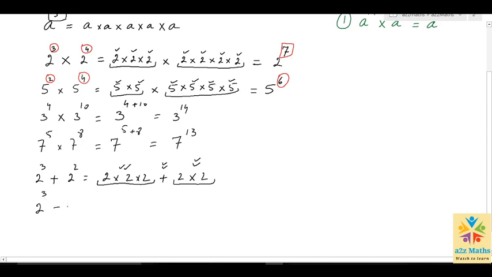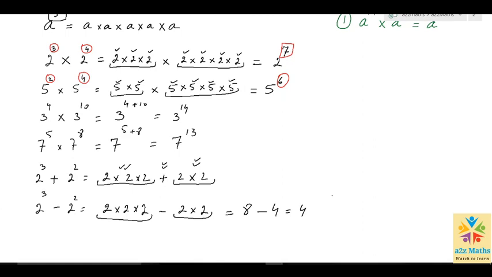If it is 2 cube minus 2 square, that is 2 times 2 times 2, then a negative sign, then 2 times 2. Again remember BODMAS. The first part results in 8, the second part in 4, so this gives 4. We cannot apply the same rule with subtraction. So this rule is applicable only in the case of multiplication.